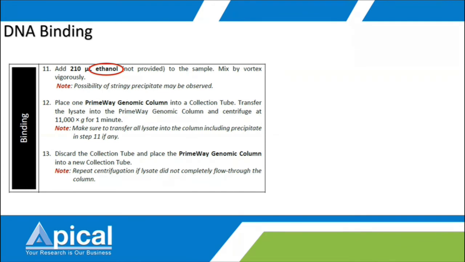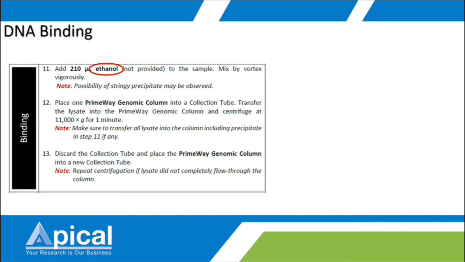When it forms this hydration shell, it prevents the DNA from binding to the silica membrane. The chaotropic salt will weaken the ionic bonds between the DNA and the water molecules. When they break down, the DNA is free in the solution, which enhances the binding of the DNA to the silica membrane.